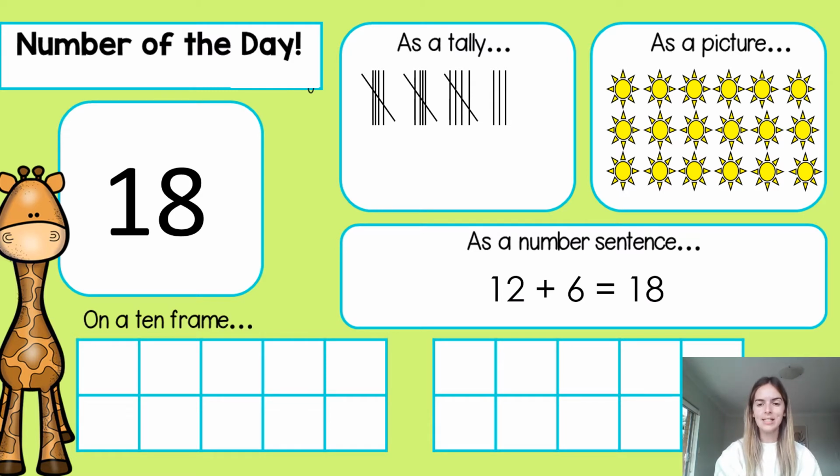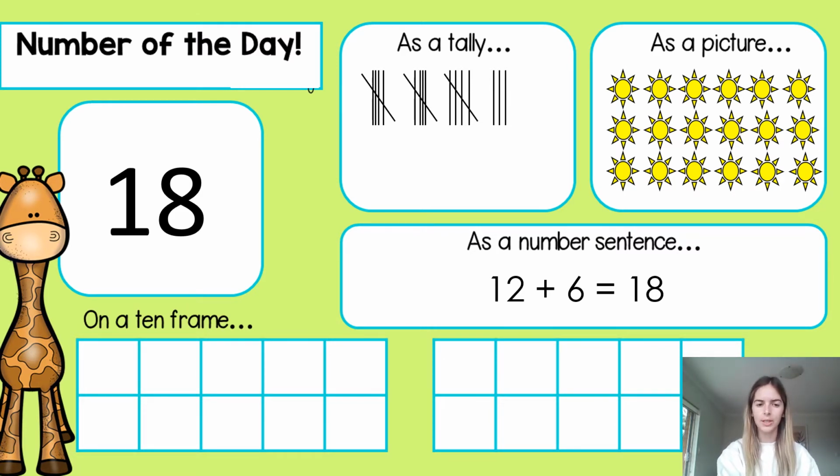As a number sentence, my number sentence today is 12 plus 6 equals 18, and I'm going to put 12 in my head and count on 6. So 12, 13, 14, 15, 16, 17, 18. And then we need to represent the number 18 on a 10 frame.